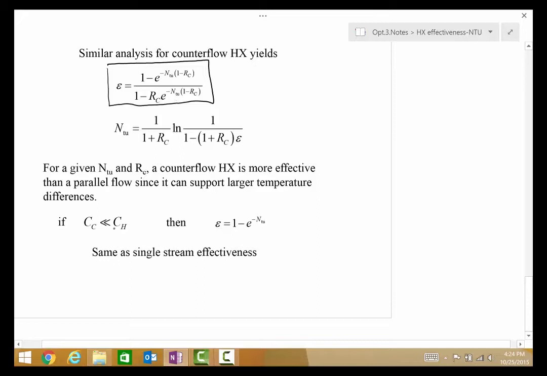If the ratio of C, or the RC, the capacity ratio, is very small, then we clearly see that epsilon is just equal to 1 minus e to the minus NTU, which is the result that we got for that single stream case where we had a saturation system or a condenser. So this is the condensing system.